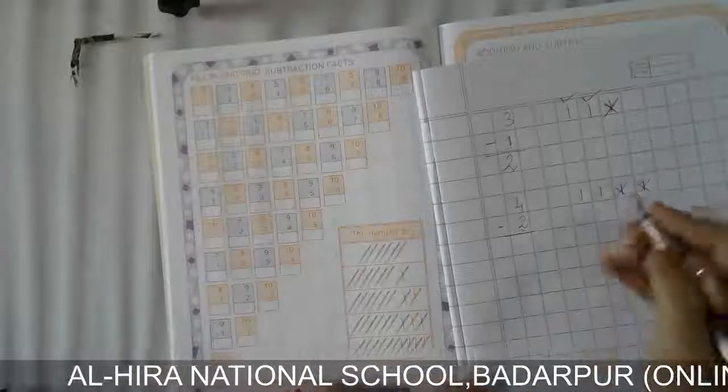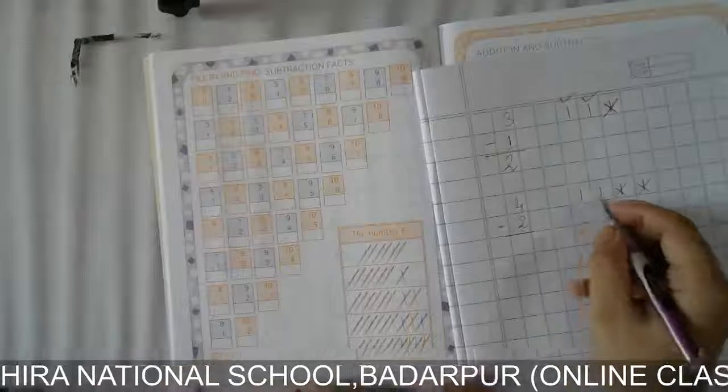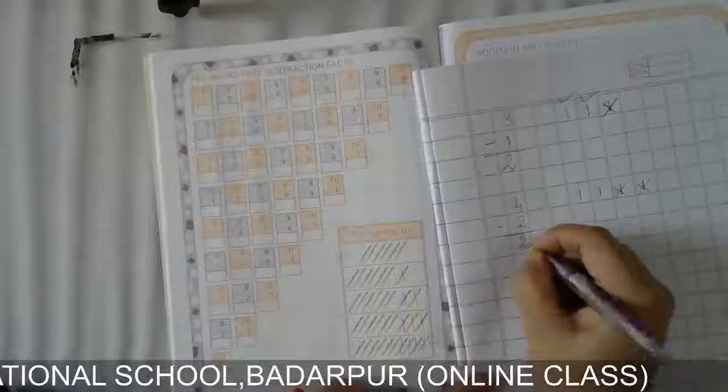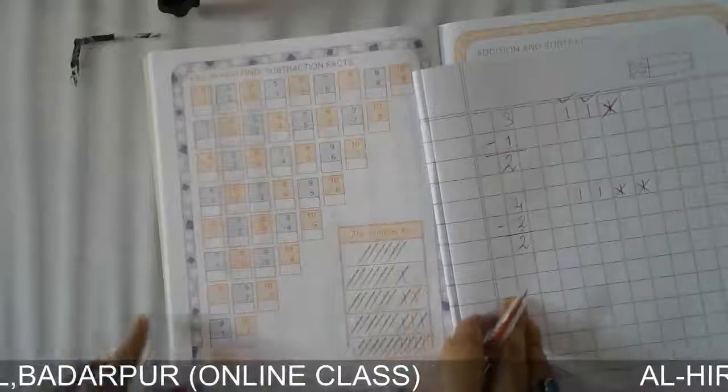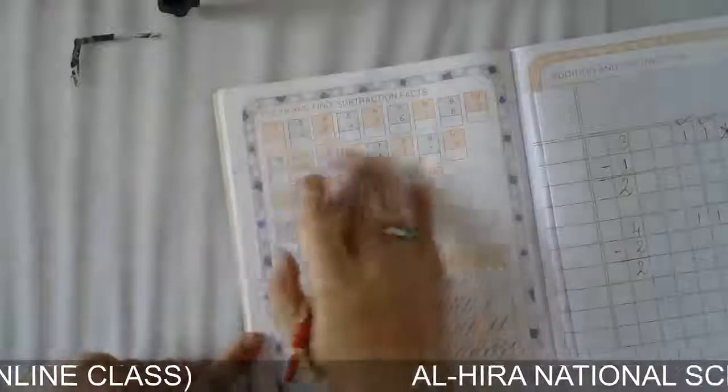Then how many remain? 1 2. So 4 minus 2 is 2. All these things you will write in the empty space provided in your book.